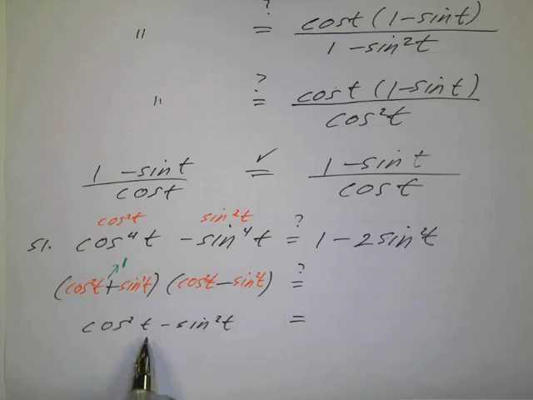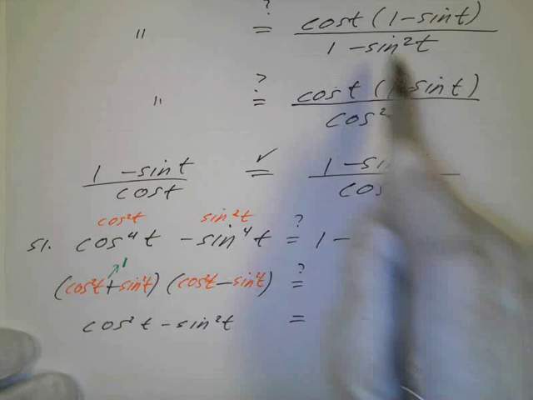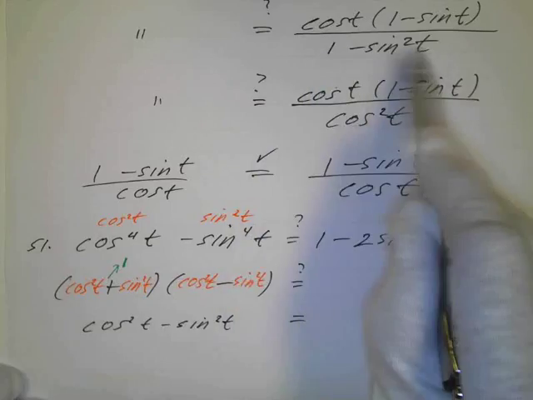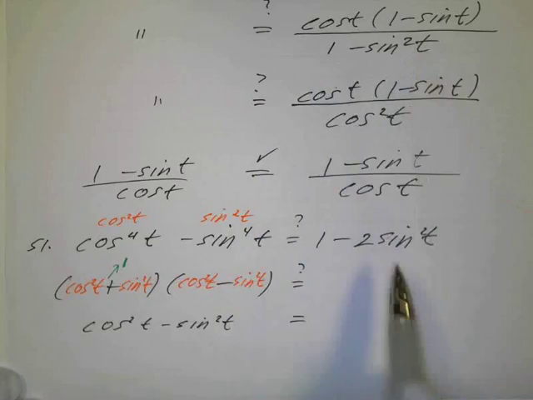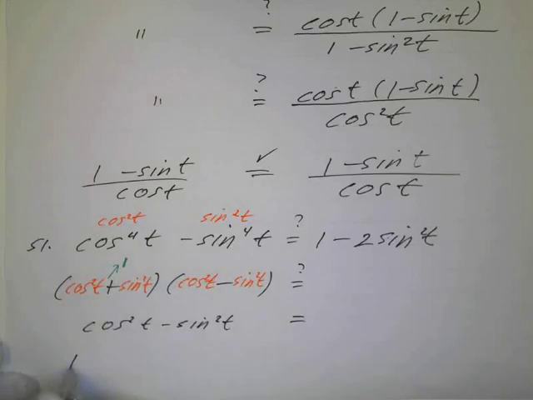But what's the cosine squared of t equal to? Isn't that 1 minus the sine? Back up here, actually, we can still see it. The cosine squared of t is the same thing as 1 minus the sine squared of t from our Pythagorean identity, right? And I want to get two of these, so instead of writing the cosine squared, I'll write 1 minus the sine squared of t.